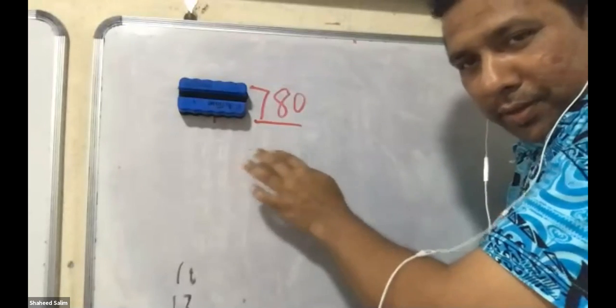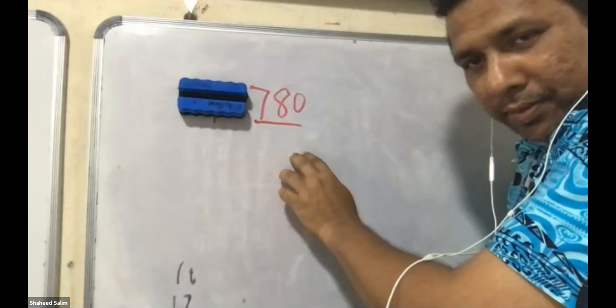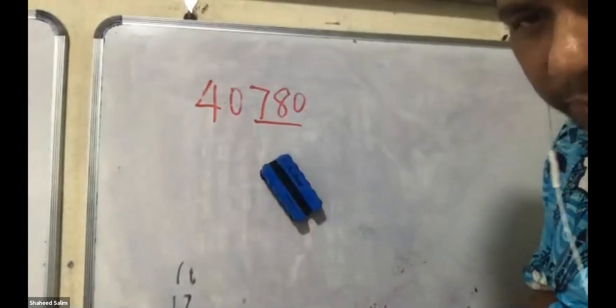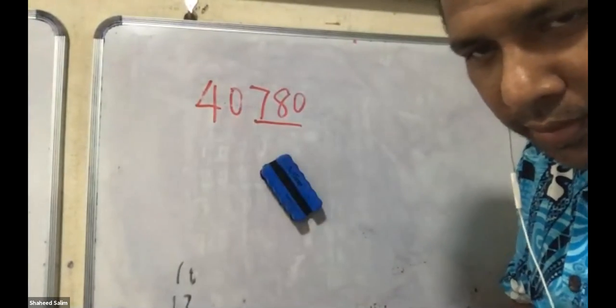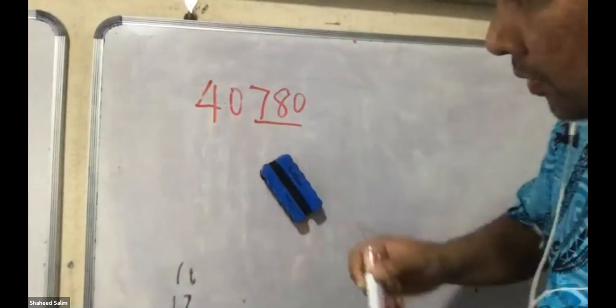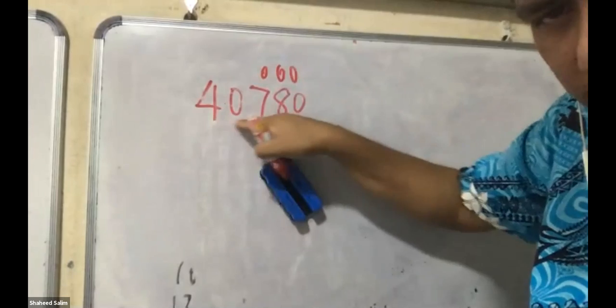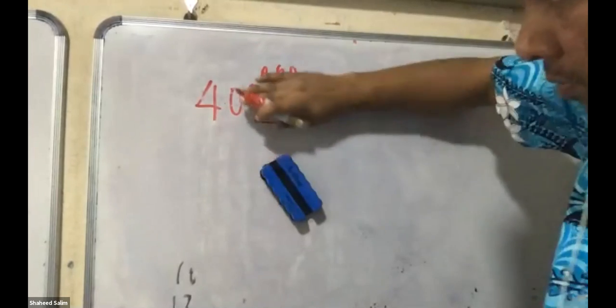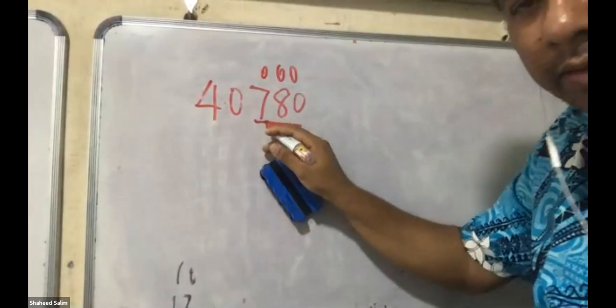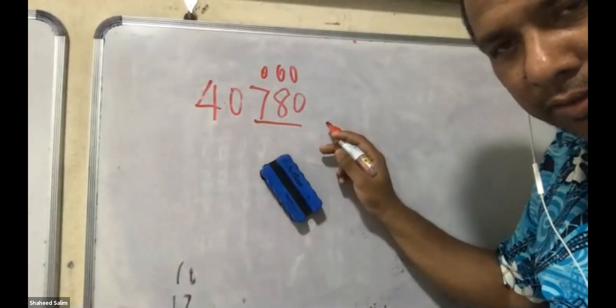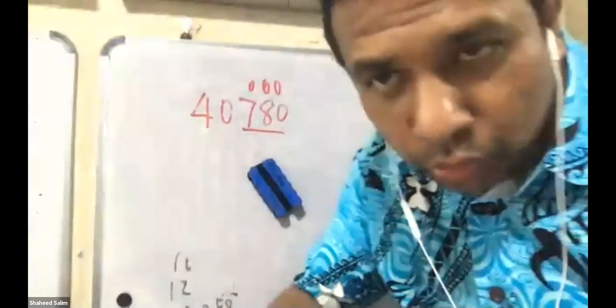Naomi, I cannot hear you. It's glitchy. 780. Okay, good. And then, what's the whole number then? 780. Then, this is 1,000. How many thousand? 40,780. Okay. So, you all know how to do this?